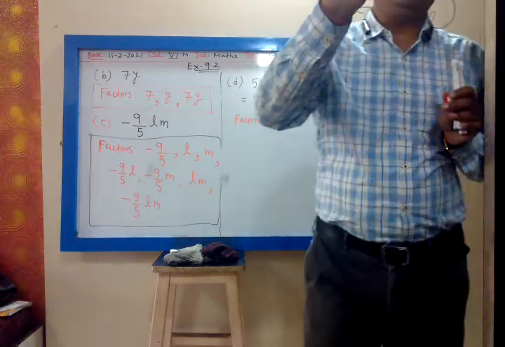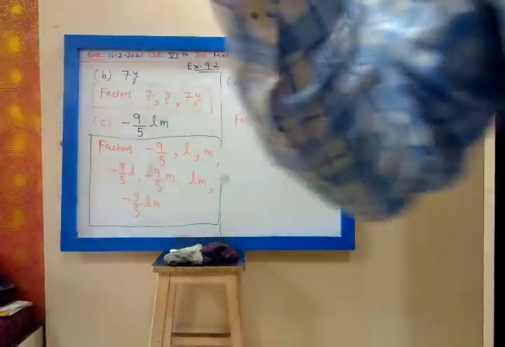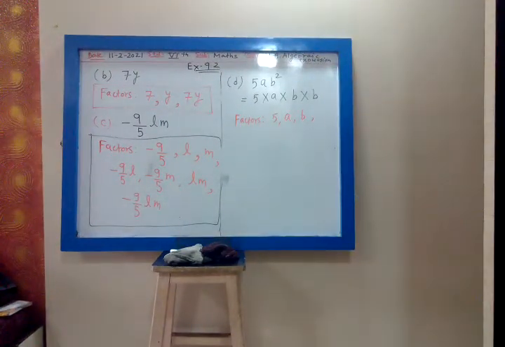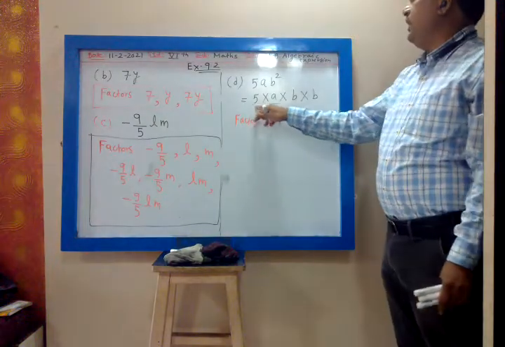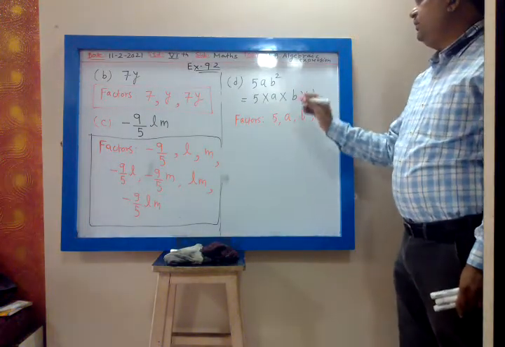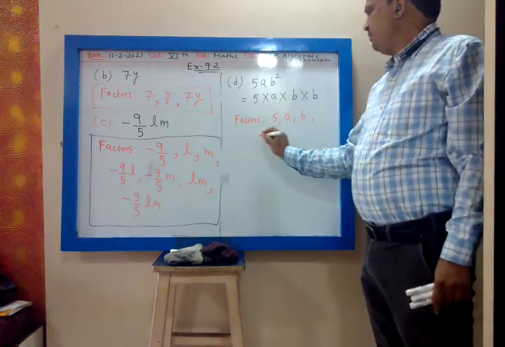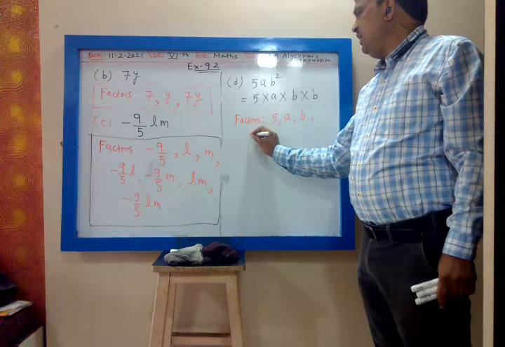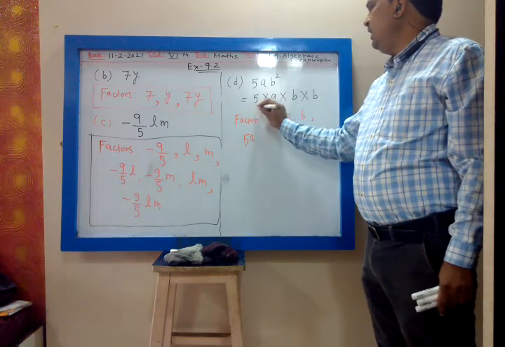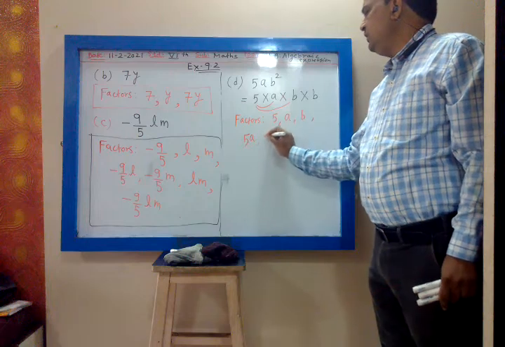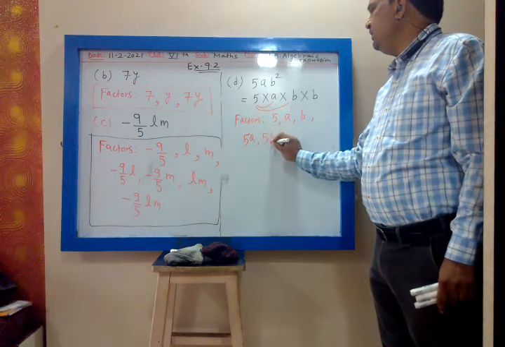No, b again you will not write. 5ab. Now factor with two terms will be 5a and 5b. Factor with two terms is 5a, 5b.